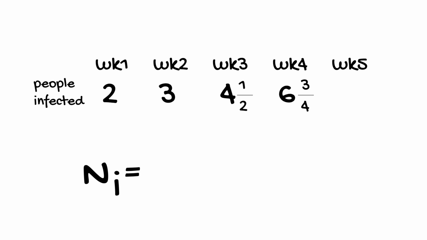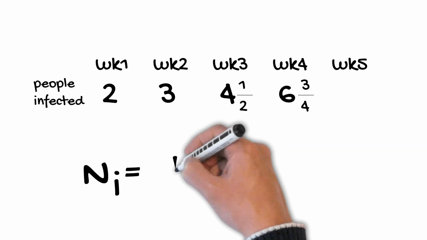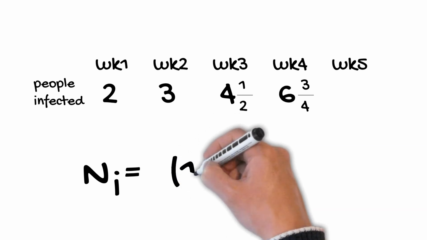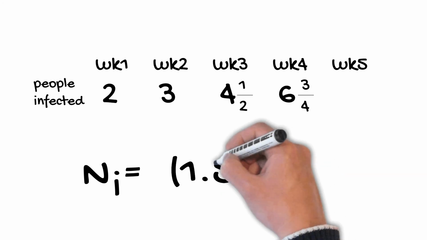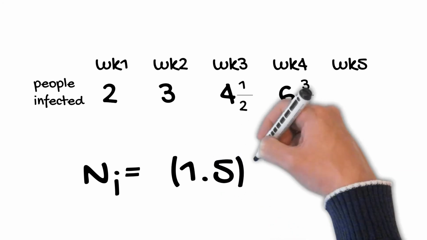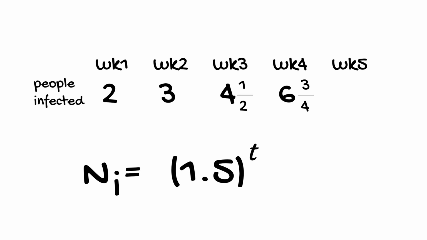So it's 1.5 to the power of t. We're doing this rather slowly, but it's giving you an example of when you begin to modify something. But then let's look at that. 1.5 to the power of 0, the first week, would be only 1. So I believe we have to multiply this by 2.